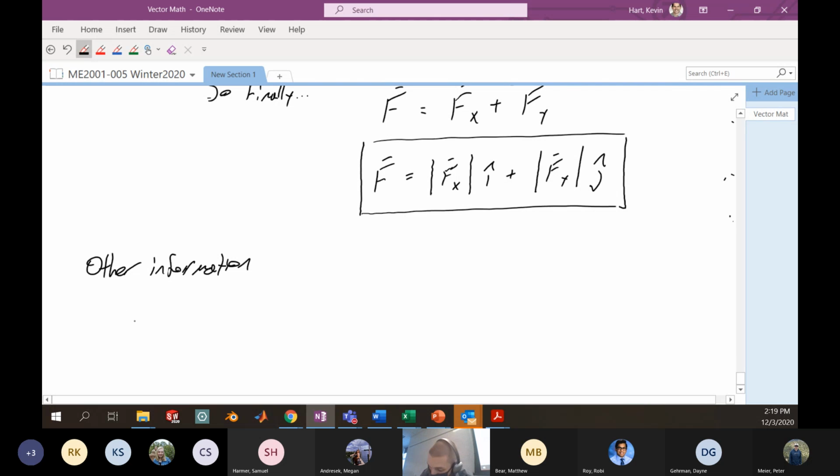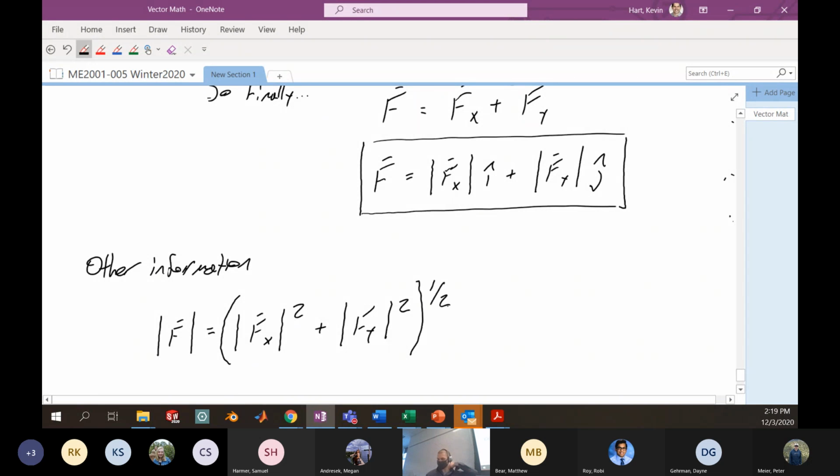One thing we might know is we could determine what the magnitude of the vector f is using the Pythagorean theorem. So the magnitude of the vector f is just the magnitude of the x component squared plus the magnitude of the y component squared, all square rooted.